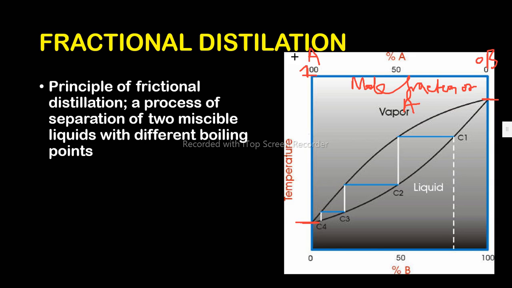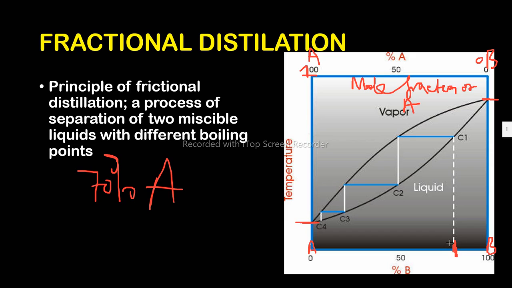So you have your B here and your A here. Let's say you have a mixture of 70% A, and it is somewhere here.